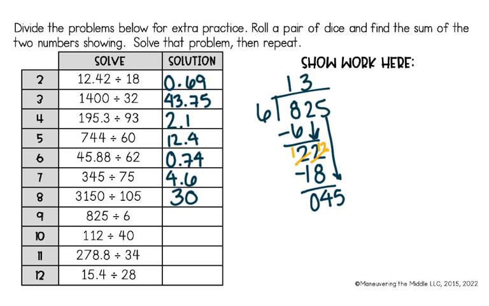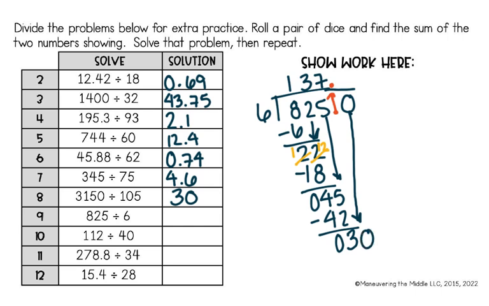6 can go into 45 7 times. 7 times 6 is 42. Subtract, 5 minus 2 is 3. 4 minus 4 is 0. And we have a remainder of 3, so we're going to go up here to our problem, put in this decimal, bring that up to our quotient, extend our line, add a 0, bring that down.